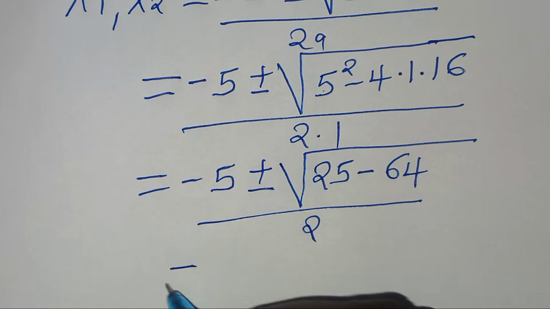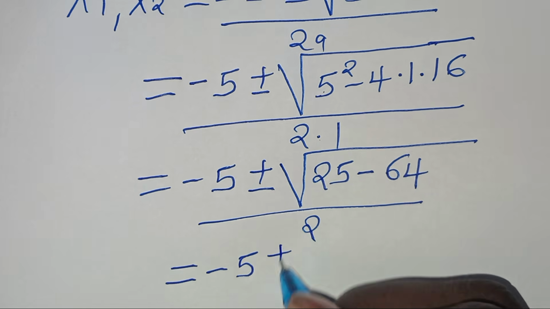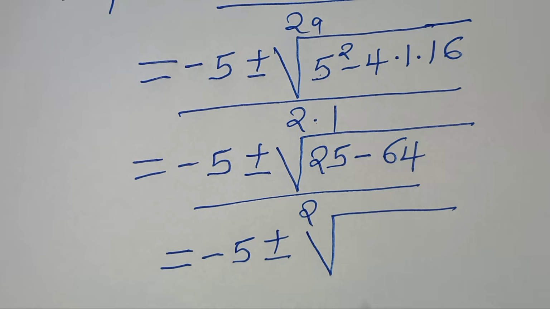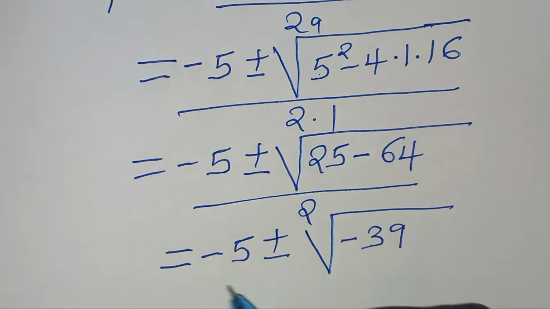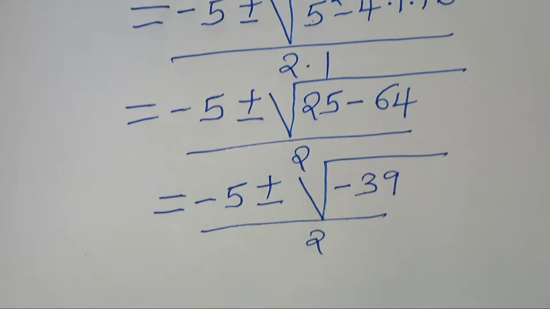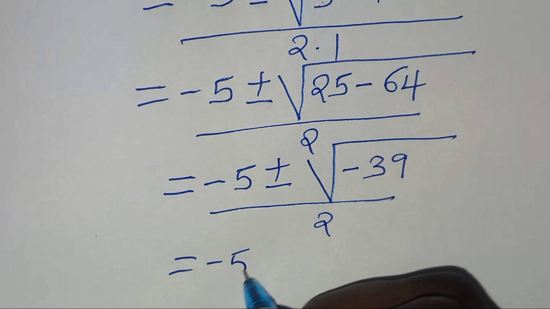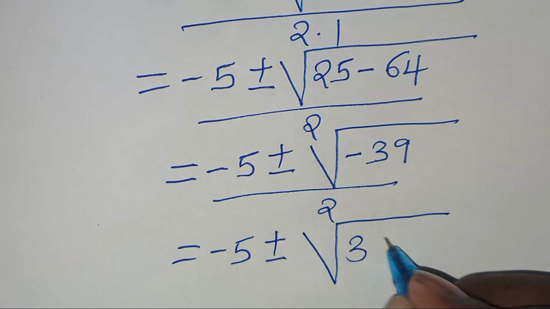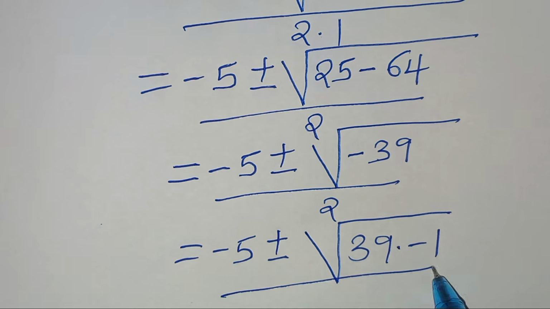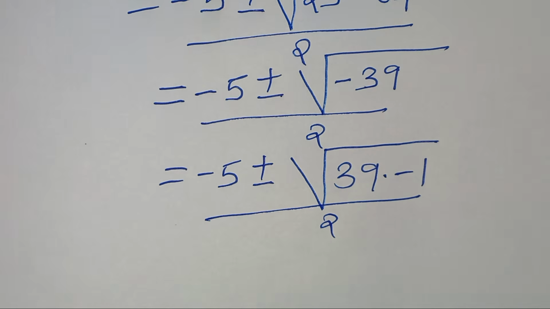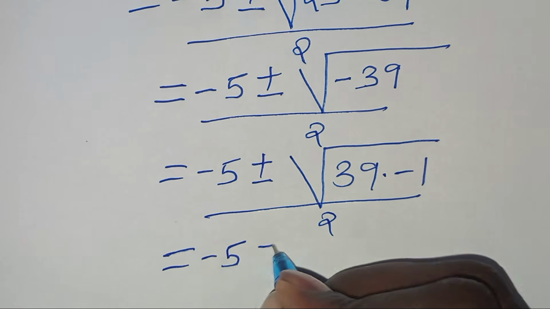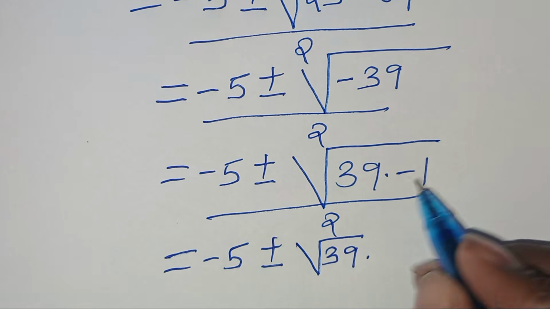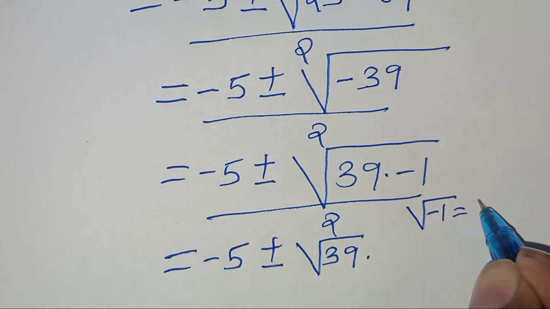Now the next step from here, we have negative 5 plus or minus the square root of 25 minus 64, and this is equal to negative 39, divided by 2. We can express the square root of negative 39 as the square root of 39 multiplied by the square root of negative 1, and this is equal to i.